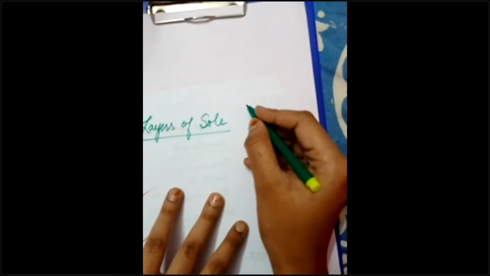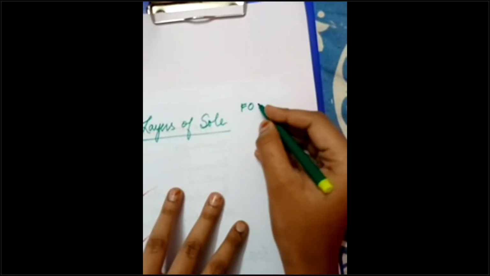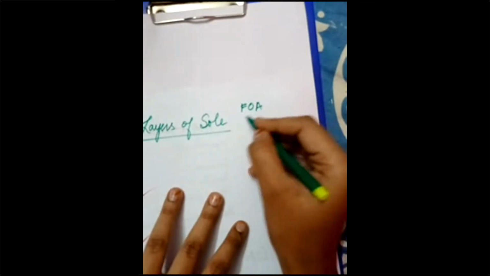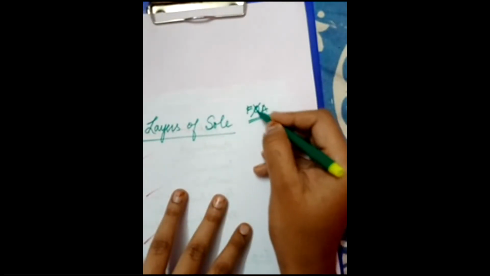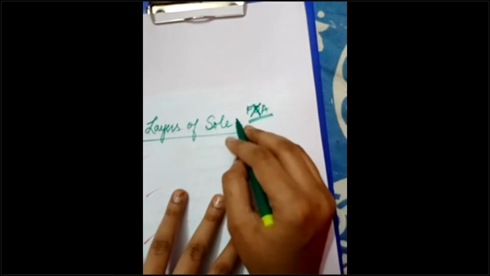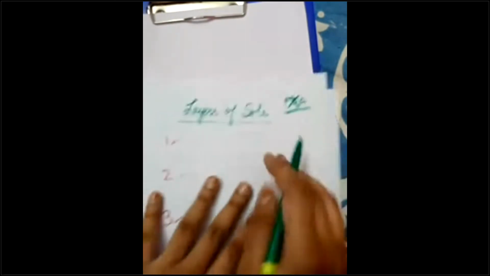In that there are flexor opponens and abductor, right? In your foot you will not have any opponens. You will have only flexor and abductor.